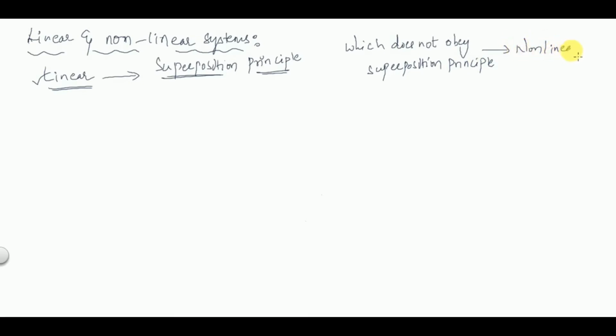Very simple. If it obeys the superposition principle, it is a linear system. If it does not obey, it is a non-linear system. Okay, so what is the superposition principle?